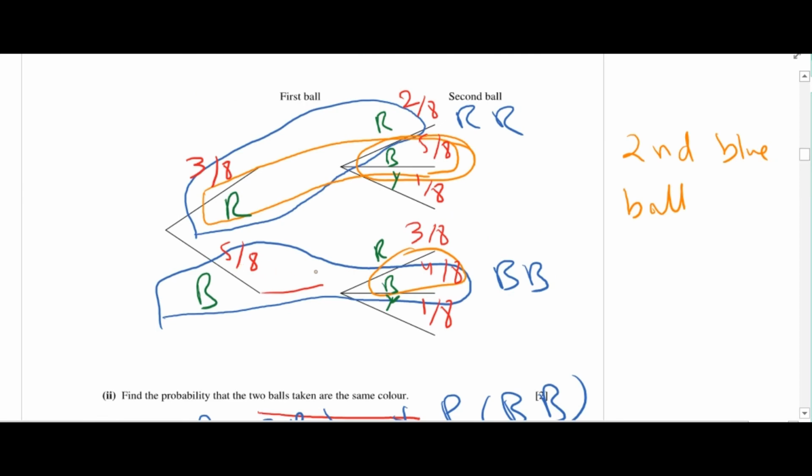The probability of getting the second blue ball is 3 by 8 times 5 by 8 plus 5 by 8 into 4 by 8.